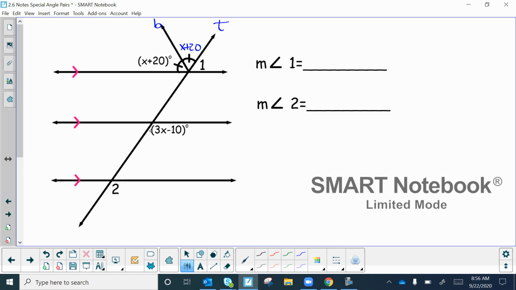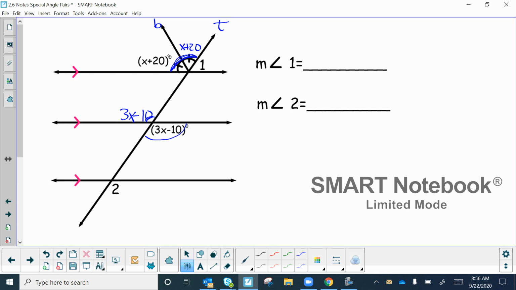Of course, there's many ways to do this, okay? This one is also 3x minus 10. You can consider this one as corresponding with this one. And so ultimately, right here, this whole blue angle is congruent to this whole blue angle here because those are alternate exterior, or like I said, you can say this one here because they are corresponding. And so those are actually congruent.